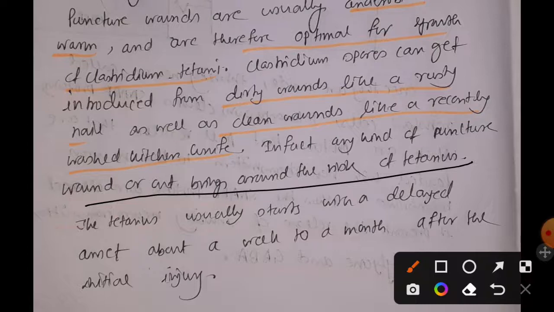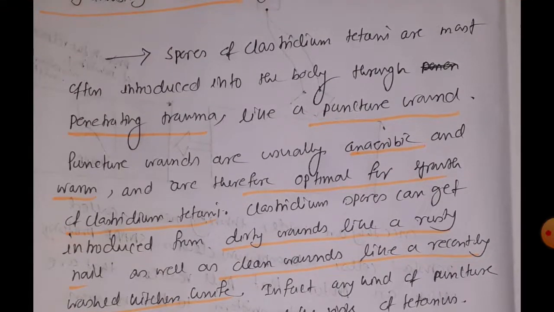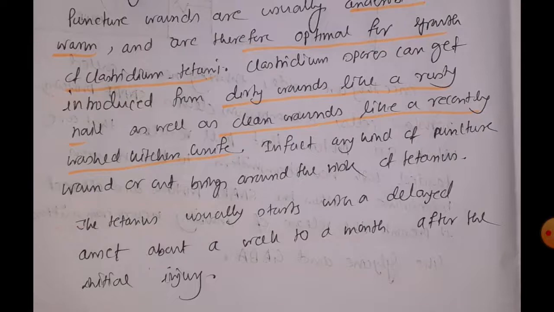And why do they use such wounds as their portal of entry? Because the environment in those wounds is anaerobic and warm, which is favorable for the growth of Clostridium tetani.